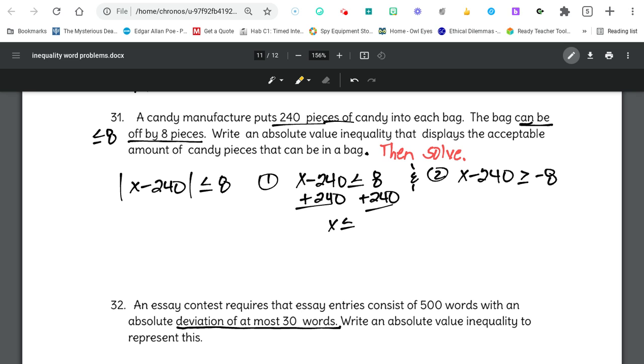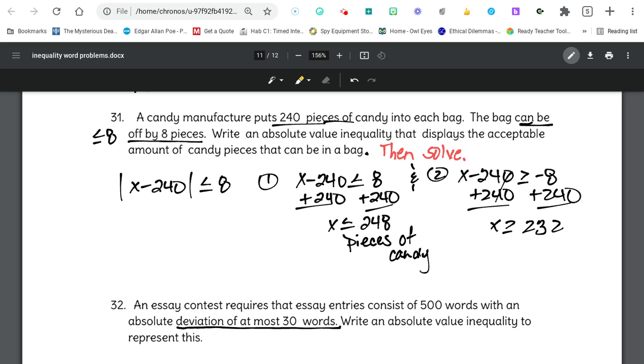So we can have at most 248 pieces of candy in the bag, or at the least, we can have 232 pieces of candy. Those are the possible pieces that could be in the bag. And then you just graph. These are really easy.